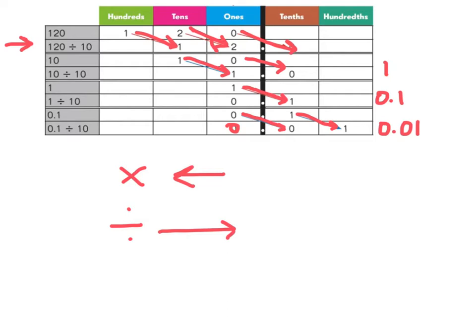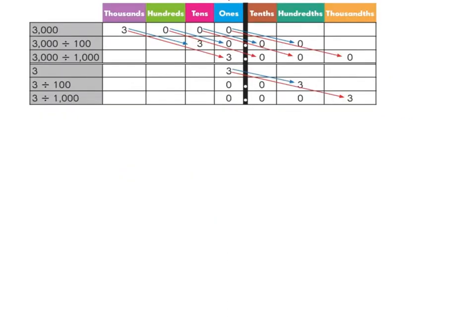Speaking of 100s, let's look at this place value chart to see what happens when we divide by 100 or 1,000. We're beginning with 3,000. When we divide 3,000 by 100, each digit is going to move 2 places to the right. So the 0 from the ones column is going to go all the way to the hundredths.